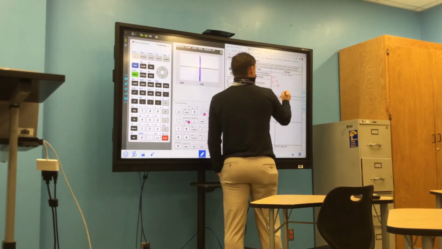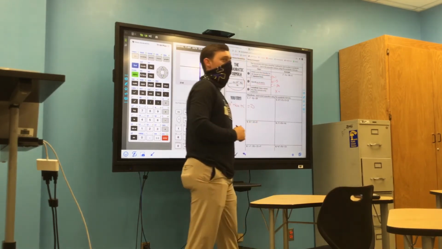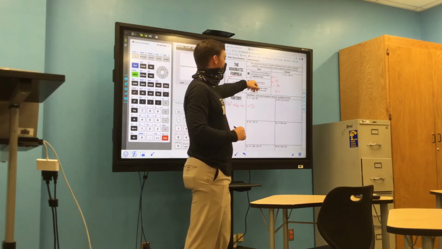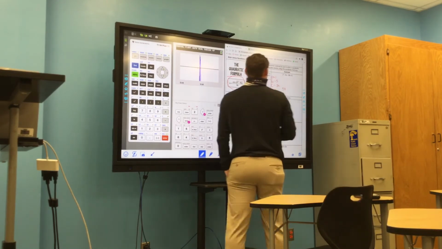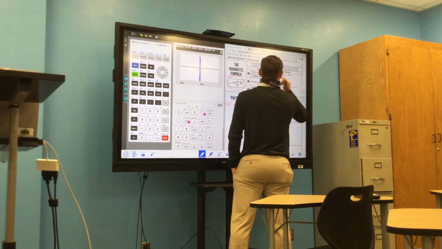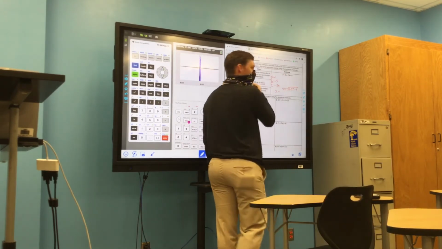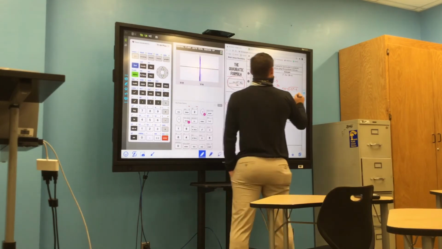All right. So what we have to do with our quadratic formula, and we don't really have much room, you're saying x is equal to the opposite of b, right? It says negative b. What is the opposite of b? Positive 5. So you got positive 5 plus or minus the square root of b squared. What is b? Negative 5. So negative 5 squared minus 4, that's always a part of it, times a.